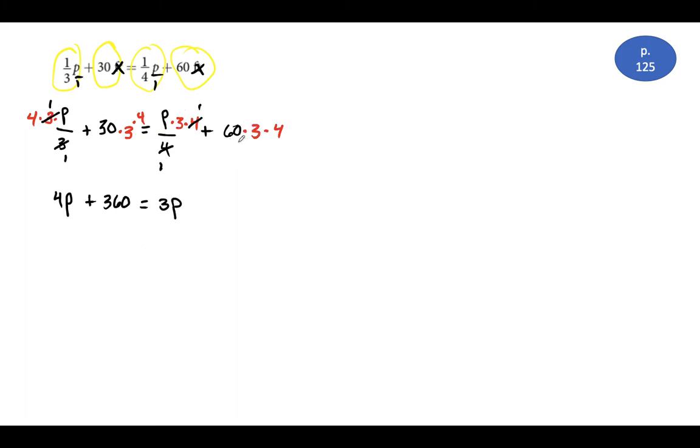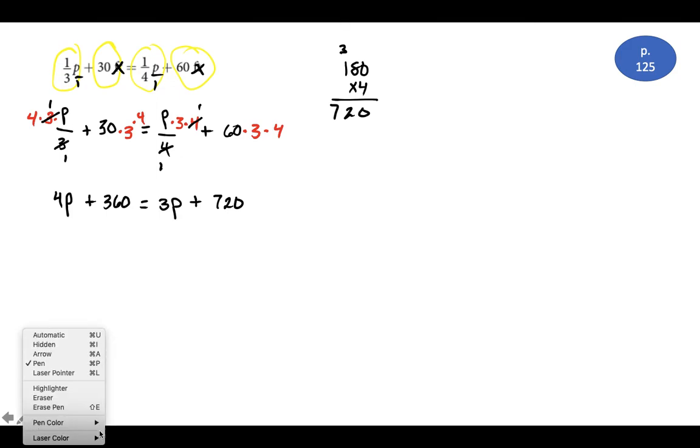And here I have 60 times 3 times 4. Let's see, 60 times 3 is 180. 180 times 4 is 720. So this is 720. And now I have an equation with no fractions in it, which is less intimidating and easier to solve.